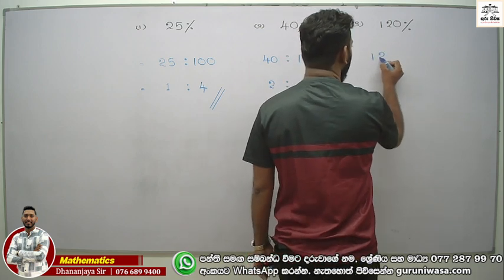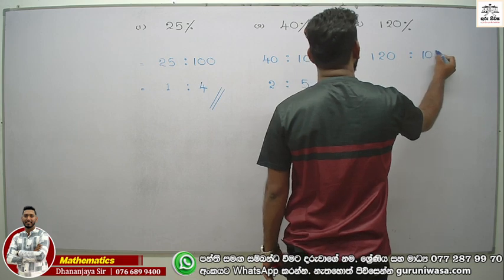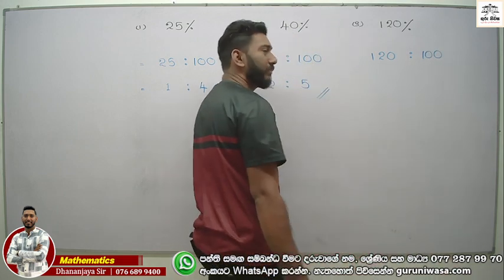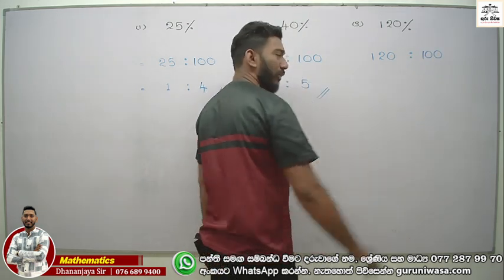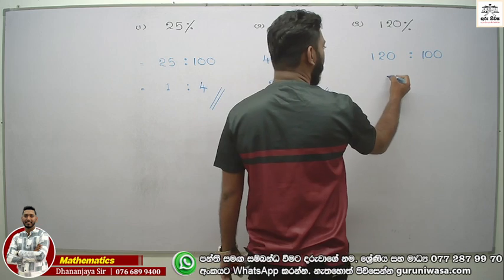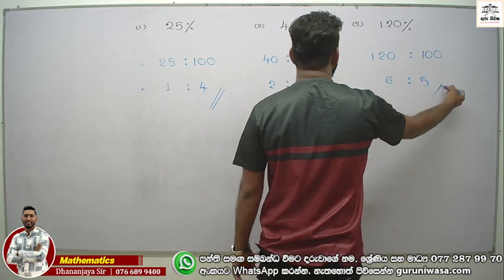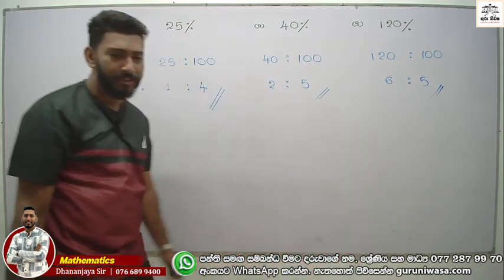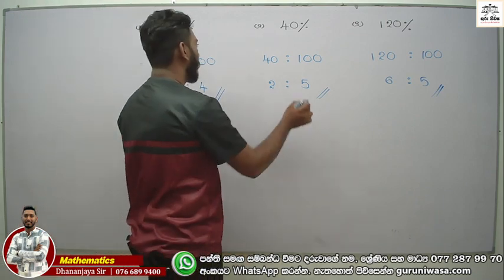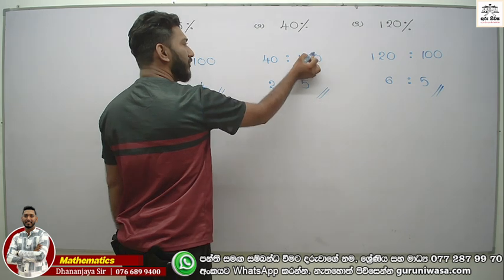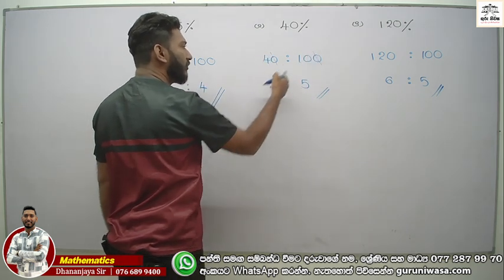120%. Now cent is 100. Now look at this. Both numbers you can simplify by cutting the zeros.